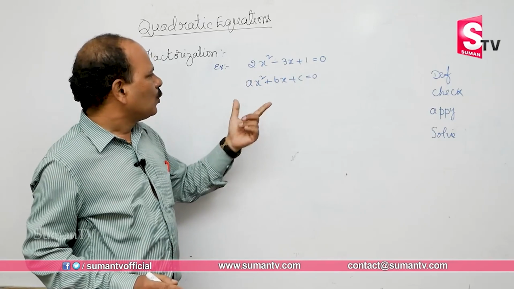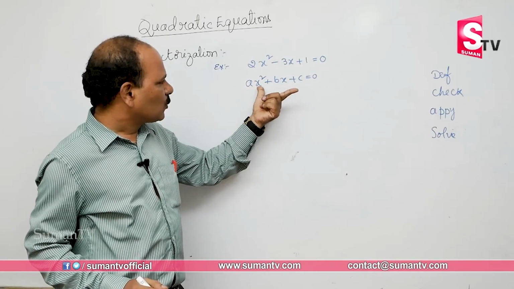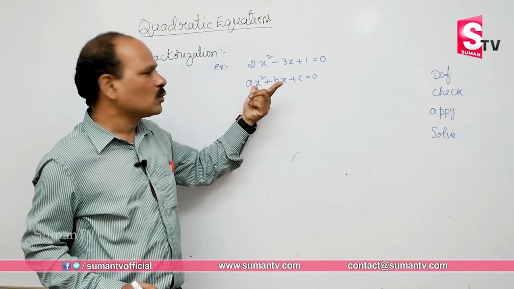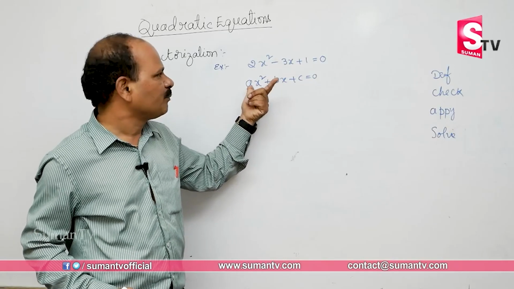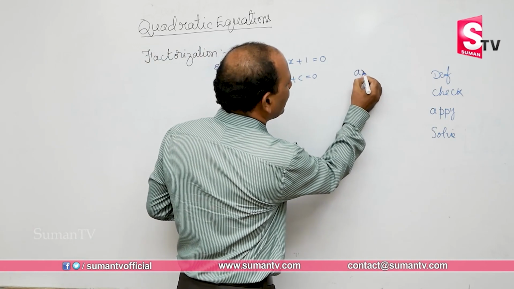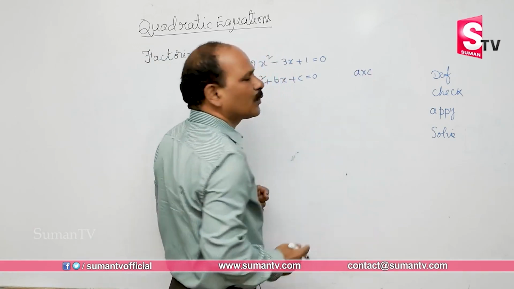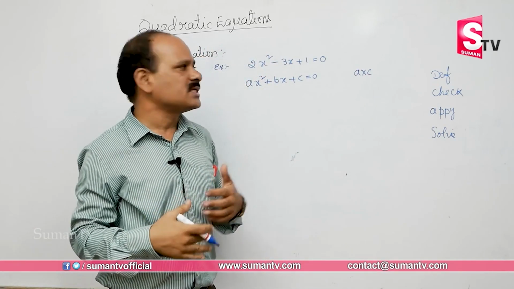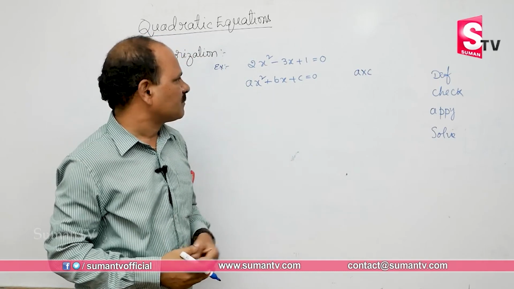Next, we have to multiply the coefficient of x square, which is a, and the constant, which is c. The product of a and c we have to find out in the first step.